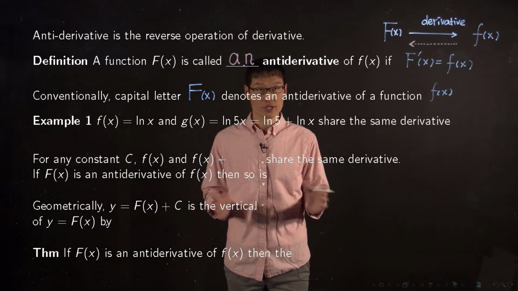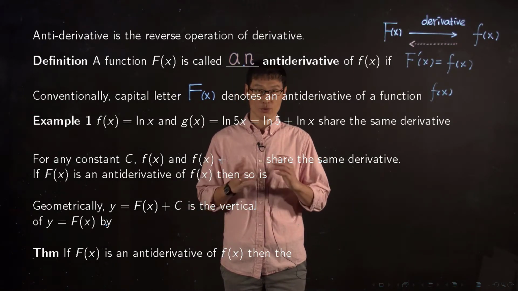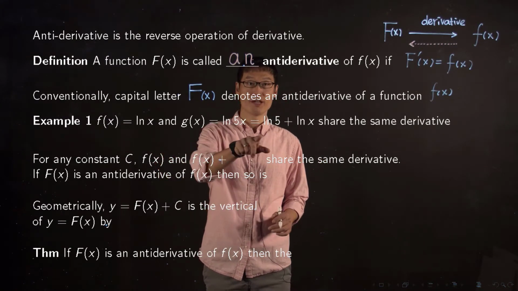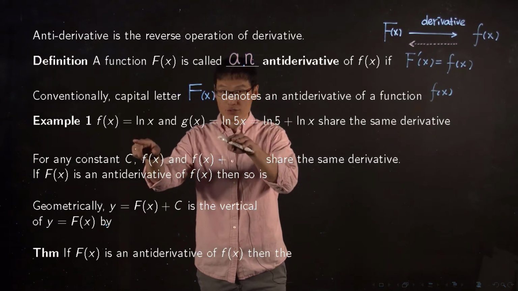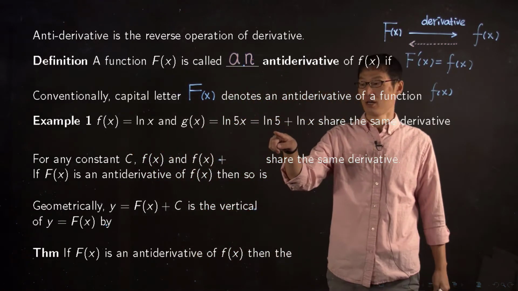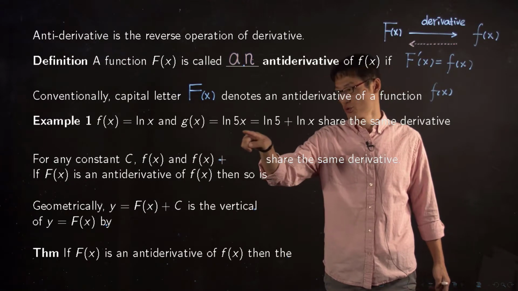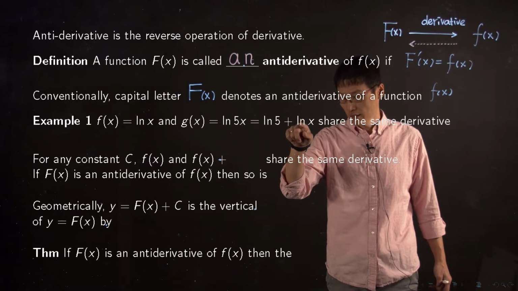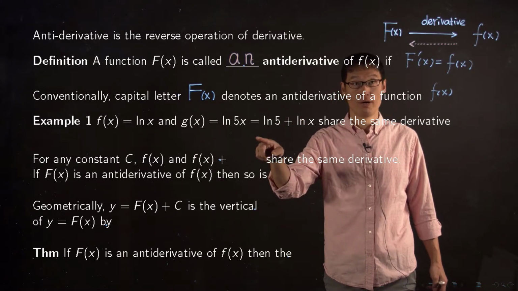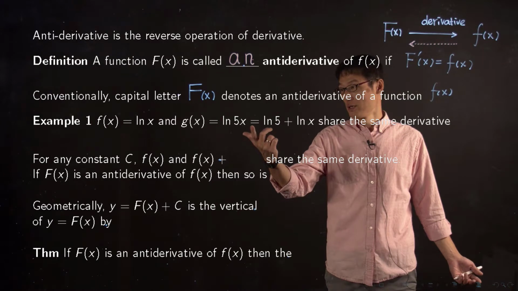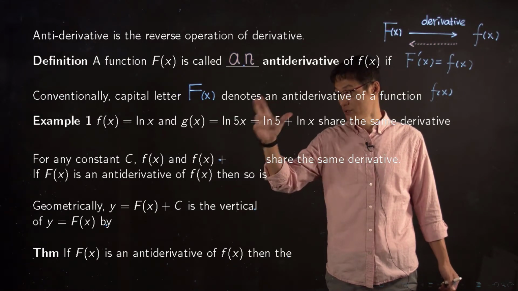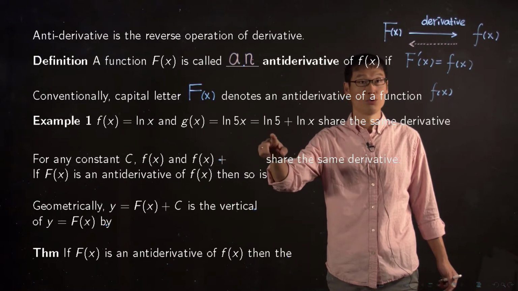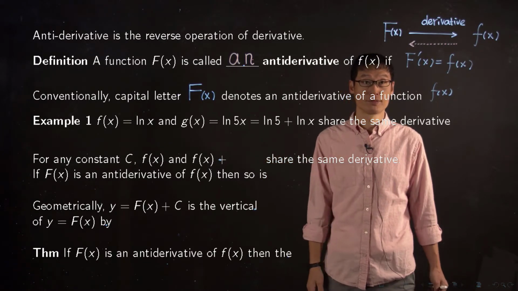So here is one important thing to observe. If you compare two functions ln x and ln 5x, it turns out that those two functions differ by a constant ln 5. You can use property of ln to see ln 5x is just ln x plus some number. So when you take derivative of two functions, this ln 5 will be gone, so two functions share the same derivative.